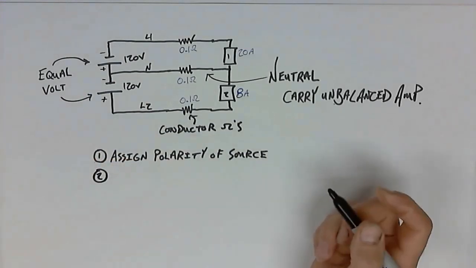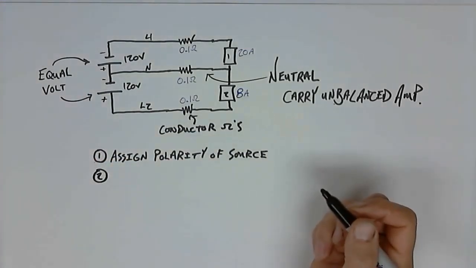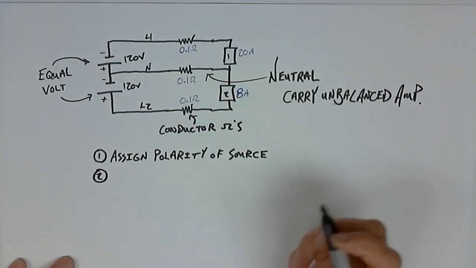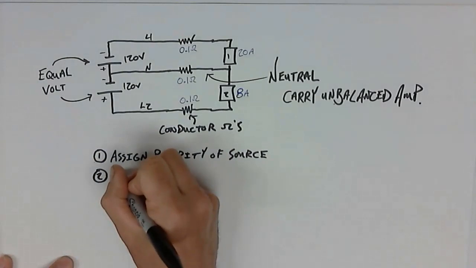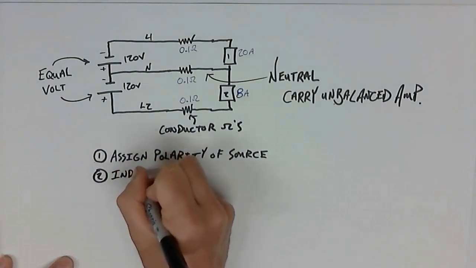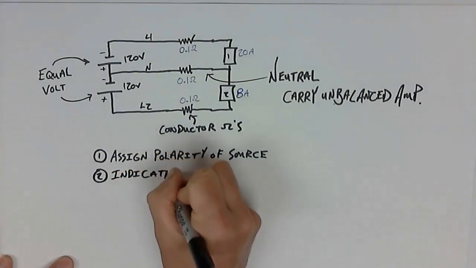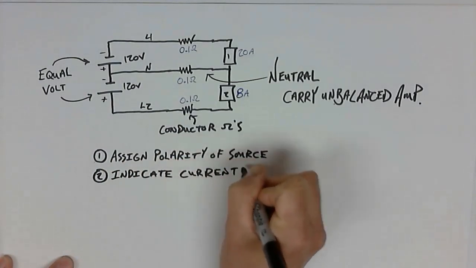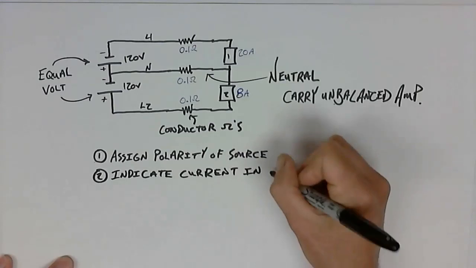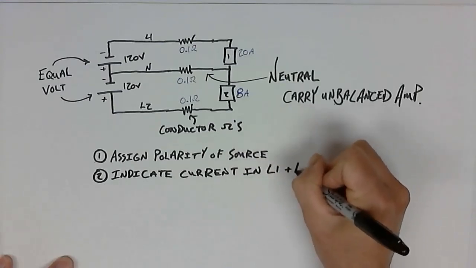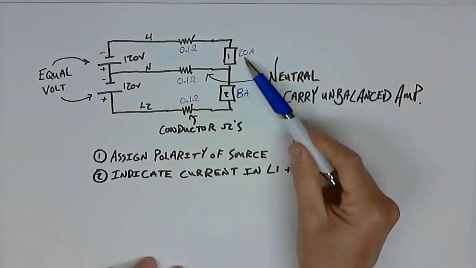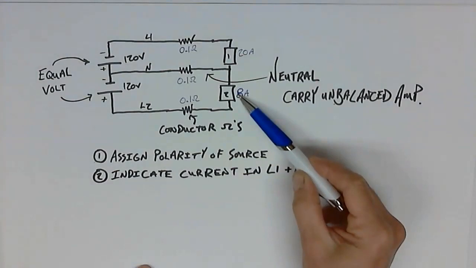Second step. We are going to indicate current flow in our conductors, in L1 and L2. So first thing we do, we take a look at our 20 amps and our 8 amps.